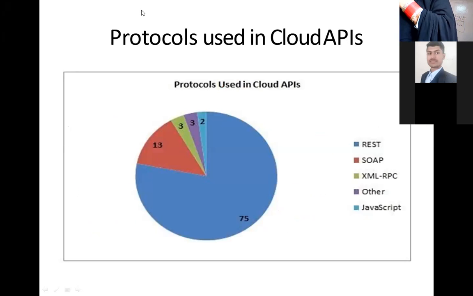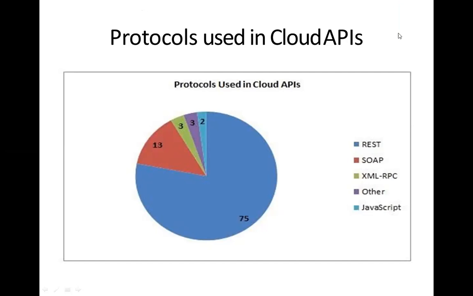Now next is the protocols used in the cloud APIs. These represent the list of protocols that we use in the APIs: the REST protocol, SOAP protocol, XML, JavaScript, and XML-RPC, remote procedure call, are the other APIs available in the cloud environment.